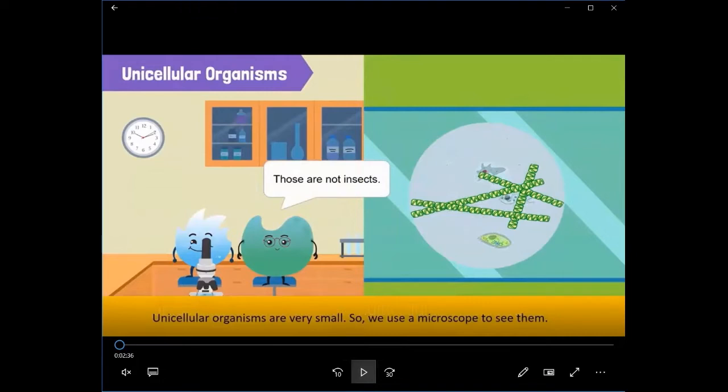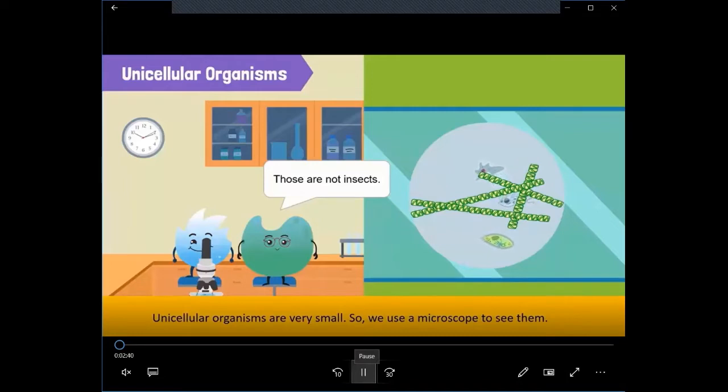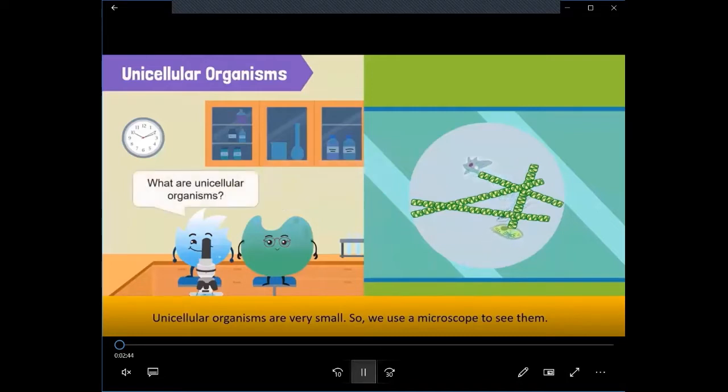Micro means tiny or small. Scope means to see. So a microscope is to see small things. And these tiny things, we cannot see them by our ordinary eyes. What are unicellular organisms?